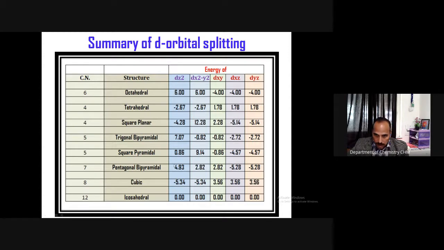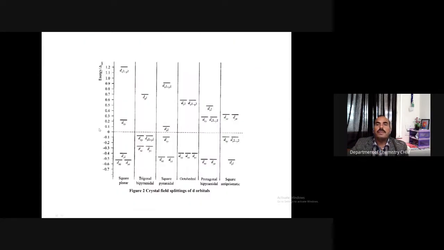Given all these figures to you, if you know these figures, you can make any of the energy level diagrams. For example, you see over here, as I was just telling you, you take the y-axis and you have 0, right?